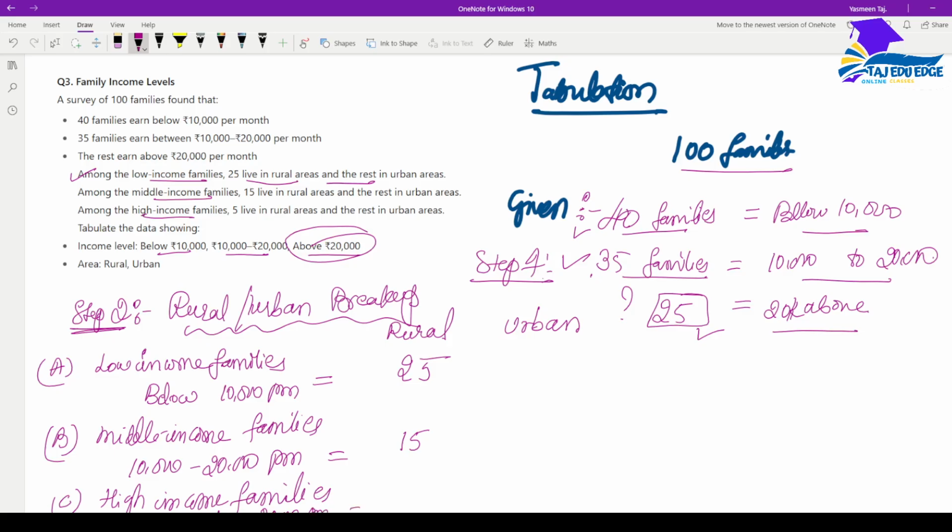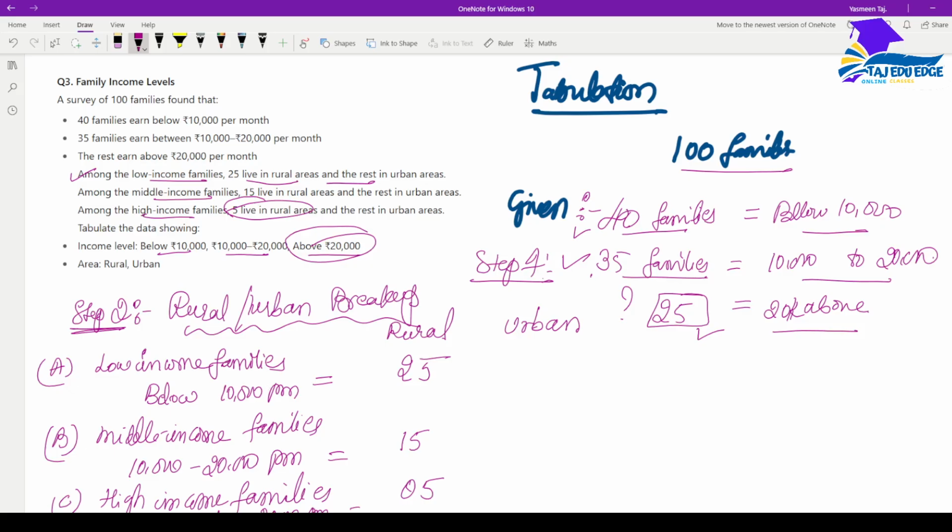How many are living in rural areas? 5 are living in rural area. So this is the data they have given. Now we need to find out how many are living in urban area. How would we find that out? It is so simple. We know the total number of low income families.